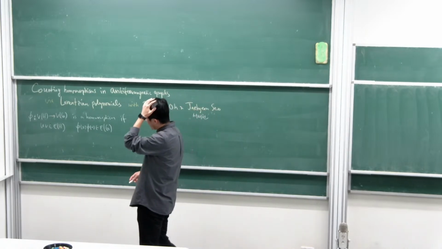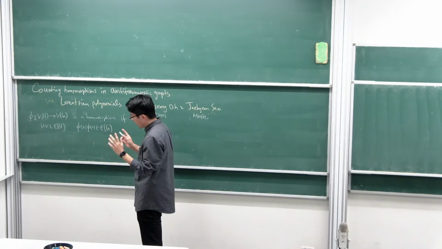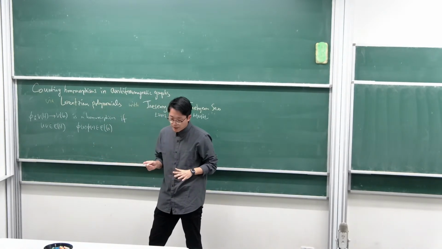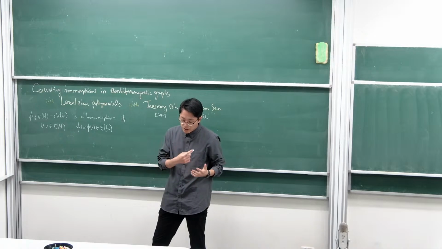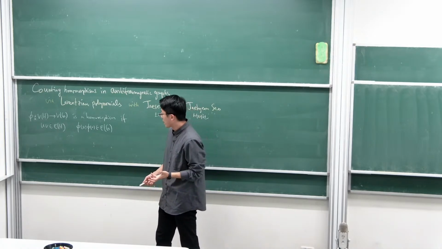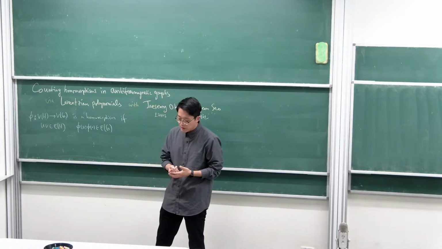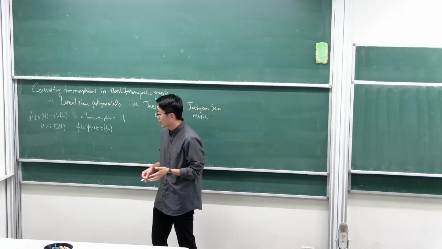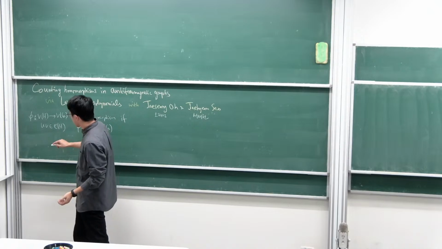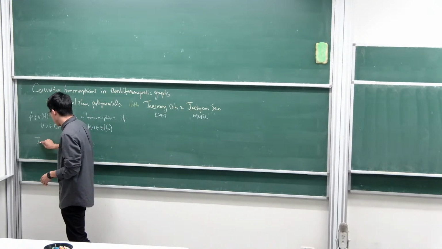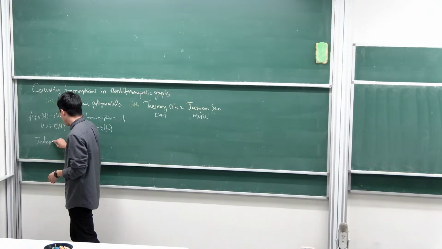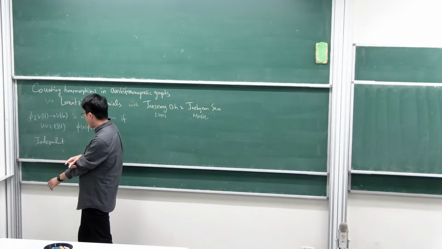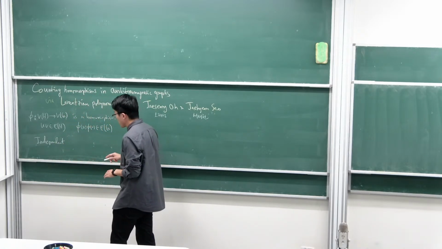If you learn about graph homomorphisms, then you would probably see some examples. Graph homomorphisms actually generalize quite a few important notions in graph theory, one primary example being the independent set. An independent set means a set of vertices that contains no edges.